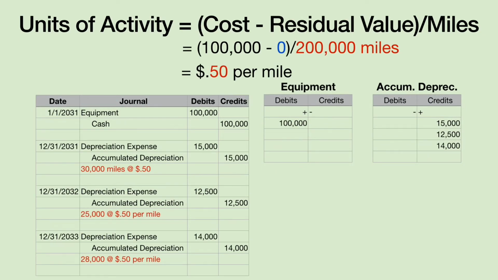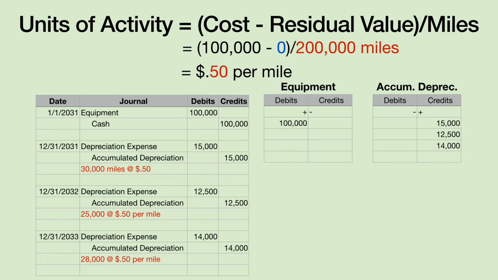Now, using the units of activity method, we would depreciate this equipment, and let's say it's a truck, at 50 cents per mile because, see the red 200,000 miles? We plan to use this truck for 200,000 miles, and then we plan to sell it for zero. These are just textbook numbers.